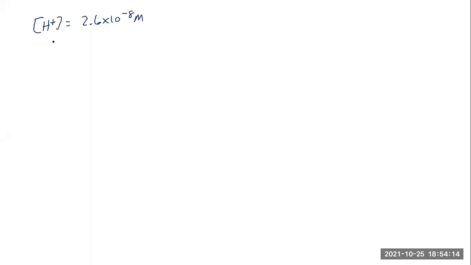That means the OH minus would equal 1 times 10 to the minus 14 divided by 2.6 times 10 to the minus 8. Again, here we want to use our exponent button. So 1 exponent button negative 14 divided by 2.6 exponent button negative 8, and we get 3.8 times 10 to the negative 7 molar in this case.